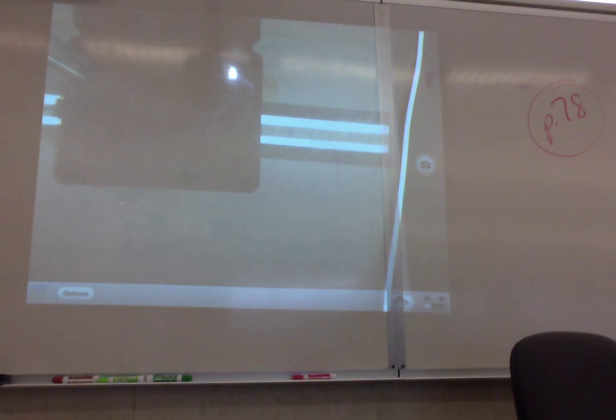Okay, so let's see. Determine the slope. Now, describe the graph as increasing, decreasing, horizontal, or vertical. Increasing happens when you have a positive slope. Decreasing happens when you have a negative slope.